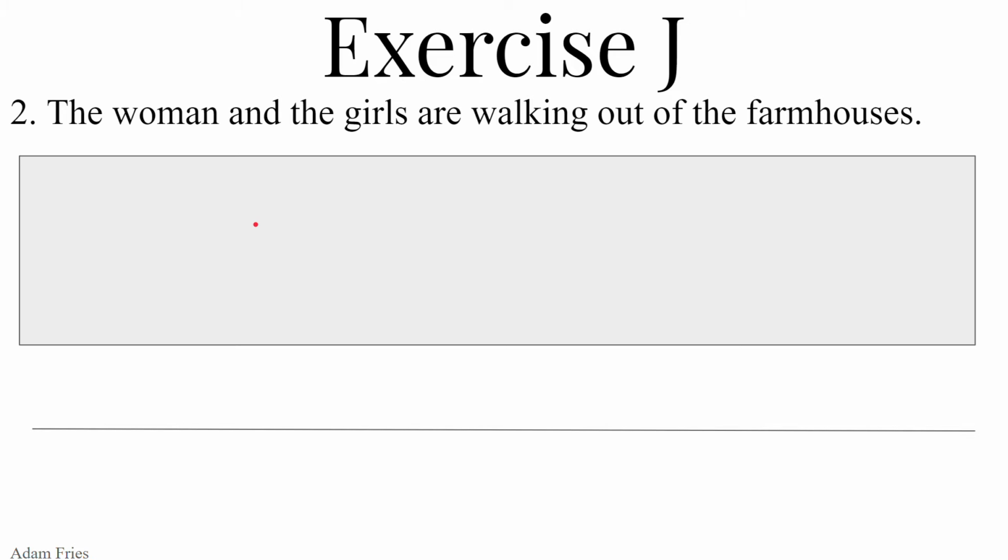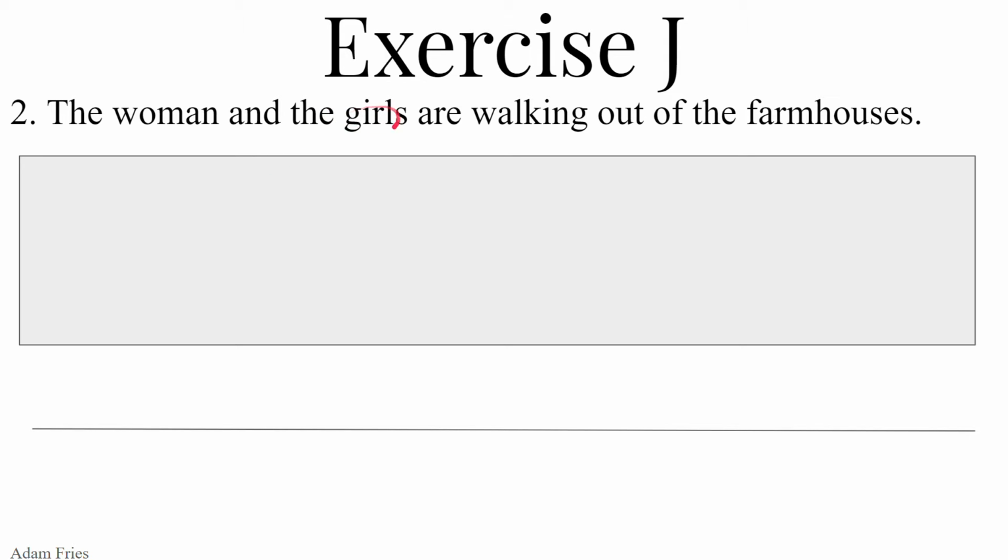All right, number 2. The woman and the girls are walking out of the farmhouses. We have the woman and the girls are walking. So walking is our verb. They are walking. Who are they? The subjects, woman, conjunction and, girls, other subject. So woman, femina, ae, feminine, that's going to be the nominative singular subject, and is et, conjunction.